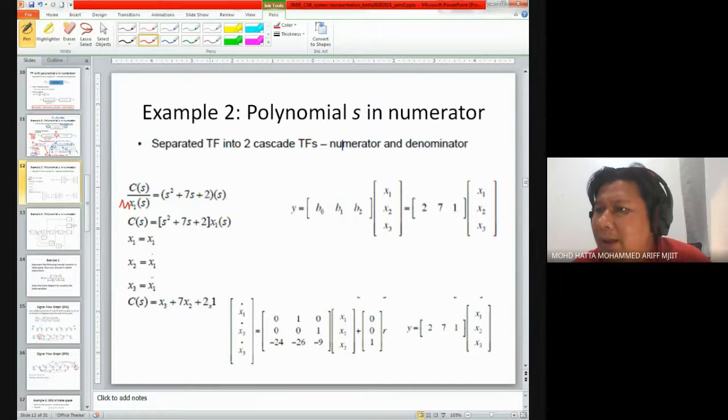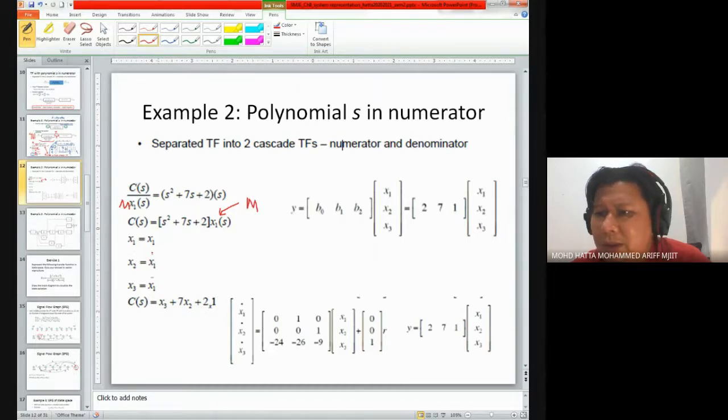Again we try to cross multiply, and when we cross multiply we will end up with this equation. C equals s squared plus 7s plus 2 times x1, or this can also be seen as m of s.